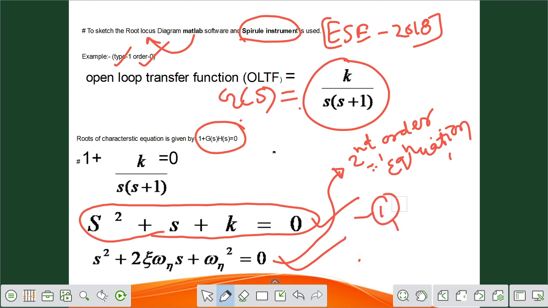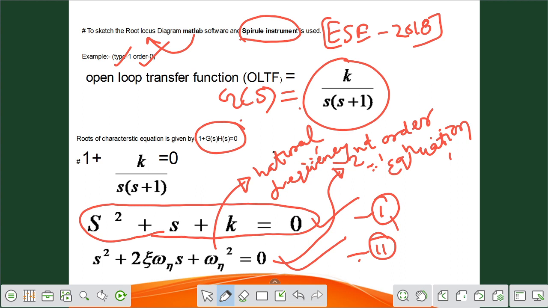If I compare these 2 equations, equation number first and equation number second, I can conclude some values. By comparing, I can calculate the value of K and the value of zeta. What is K? K is the open loop gain. What is omega n? Omega n is the natural frequency.